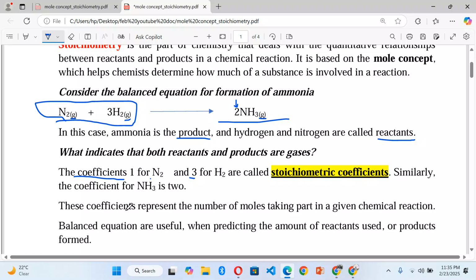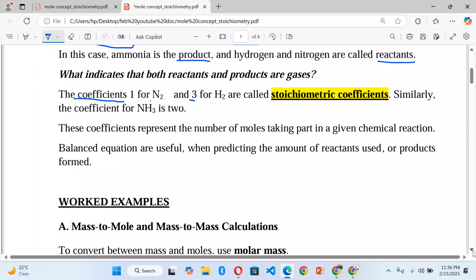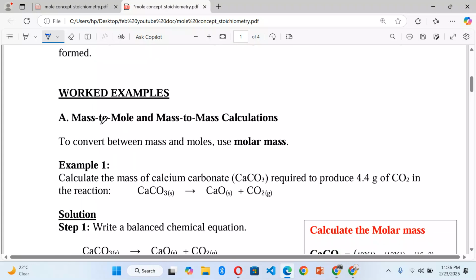The coefficients represent the number of moles, and we are going to see how this helps us in stoichiometric calculations in the mole concept. We are going to have different examples to see how best we can apply it. Let's look at the first example.